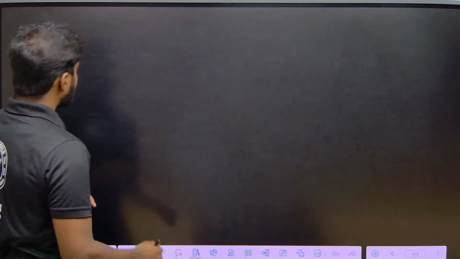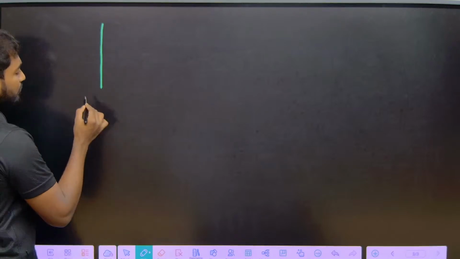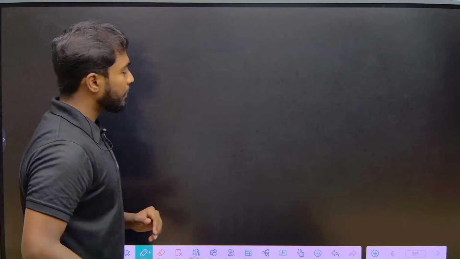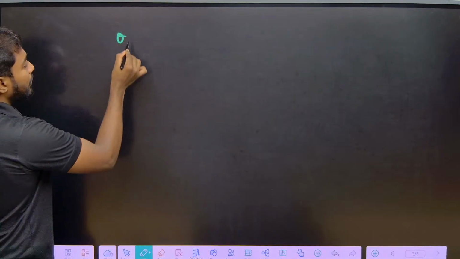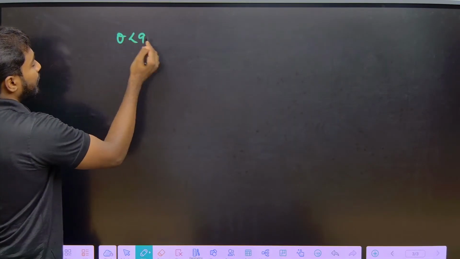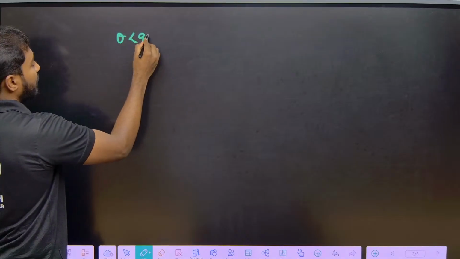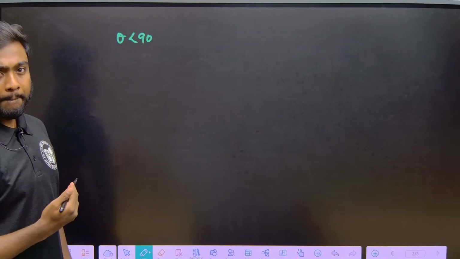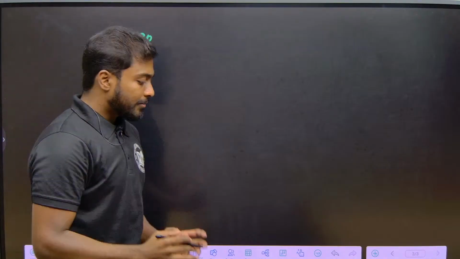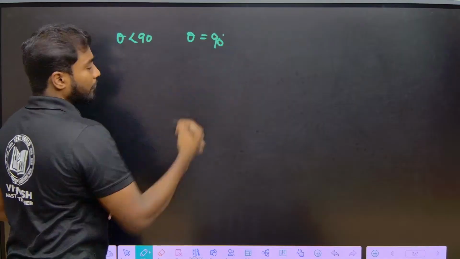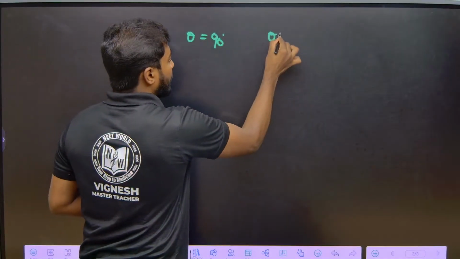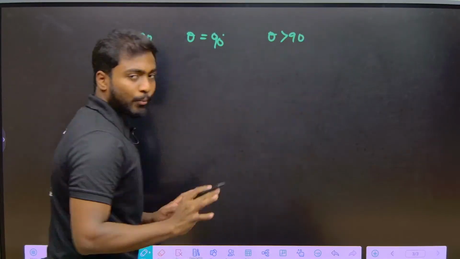Now suppose, for example, keep in mind a simple thing: if theta is less than 90, theta equals 90, theta is greater than 90. Three conditions we will take.